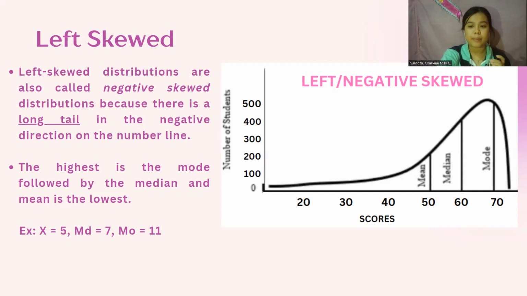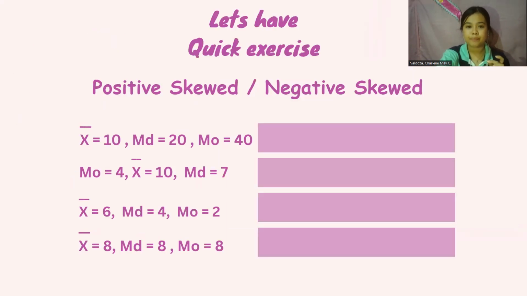For us to have a better understanding of this, we have a quick exercise. Here, the first example: mean is equal to 10, median is equal to 20, and mode is equal to 40. So the mode has the highest value, so this is negative skewed. Okay, the second example: the mode is equal to 40, mean is equal to 10, median is equal to 7.